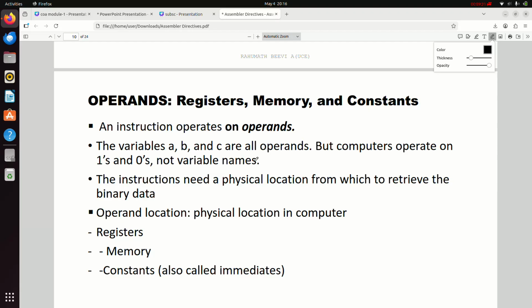So you have to understand that operands are the variables on which you want to act, but they are in binary form. The registers are there, and in memory also you can get the data, and constants are the immediate values, and we know how the immediate value works. Registers are fast but they are limited.